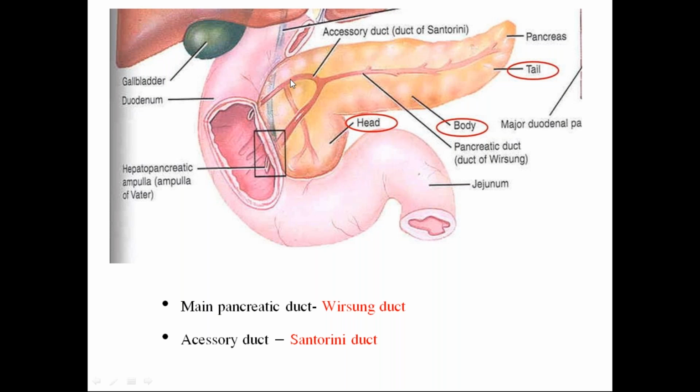The ventral bud migrates posteriorly and forms the inferior part of the head and the uncinate process. So the proximal part of the head, neck, body, and tail is formed from the dorsal bud. The ductal drainage of both of these is also similar, and most of the pancreas is drained by the duct of Wirsung.